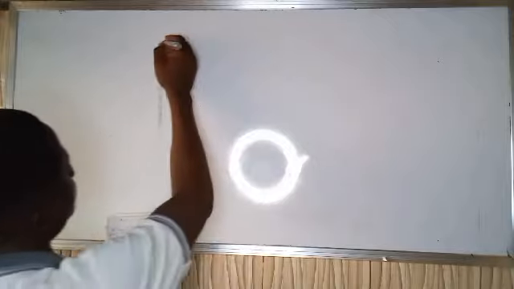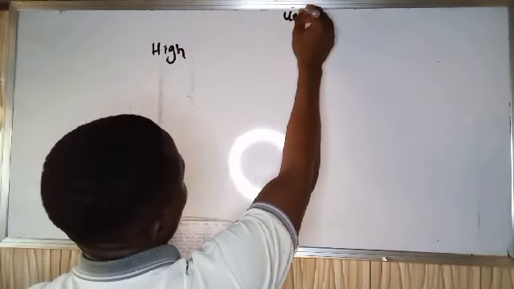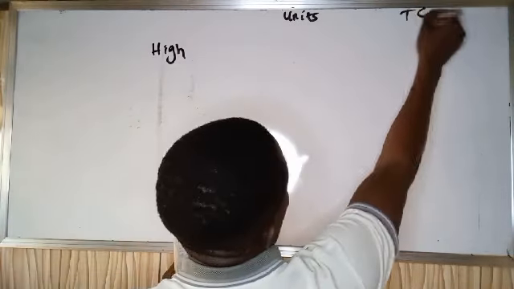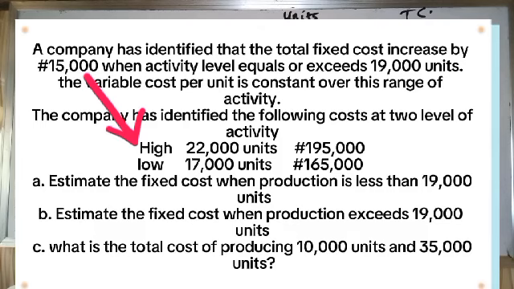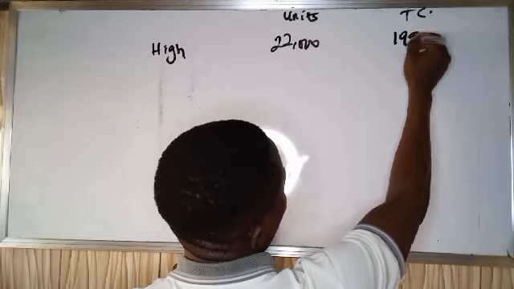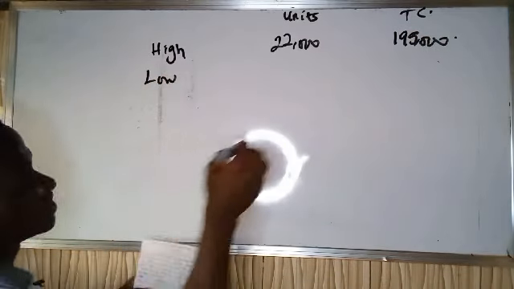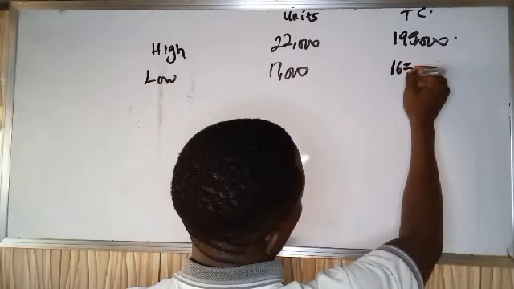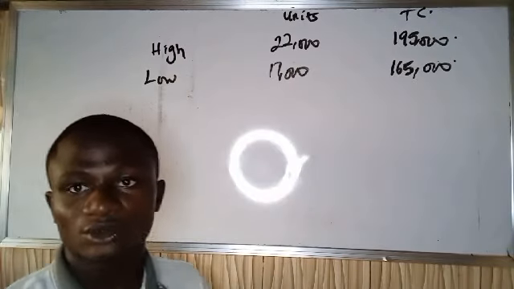We are given the level of activity, the units of production, and the total cost. The high, we have 22,000 units at a total cost of 195,000. The low, we have 17,000 units at a total cost of 165,000.